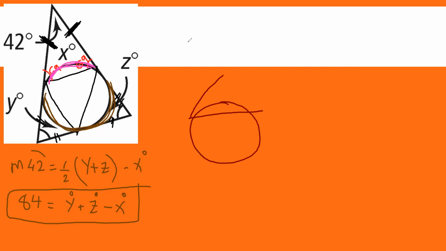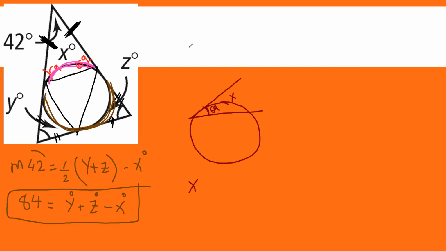The tangent line will be here. What is the relation between the intercepted arc and this angle here? It's twice. Exactly. So this is x here.